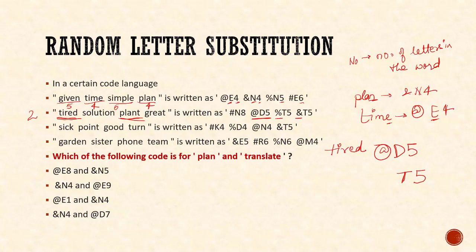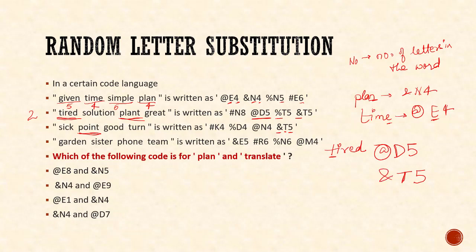So I have two choices here. Coming to the third one, the word point. The code of point should be T5 and. Now I can deduce that whenever any word is starting with T, I am using the symbol and.